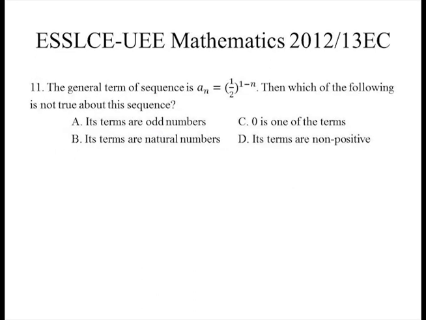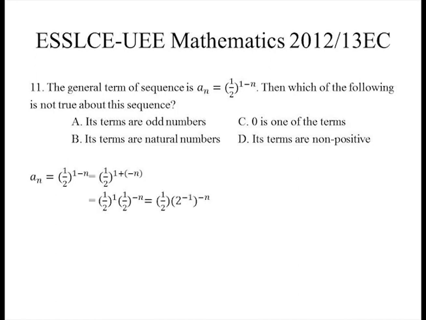Question number 11. The general form of the sequence a sub n is equal to 1 over 2 to the power of 1 minus n. Then which of the following is true about this sequence? The sequence a sub n is equal to 1 over 2 to the power of 1 minus n, which is equal to 1 over 2 to the power of 1 plus negative n, which is equal to 1 over 2 to the power of 1 times 1 over 2 to the power of negative n.